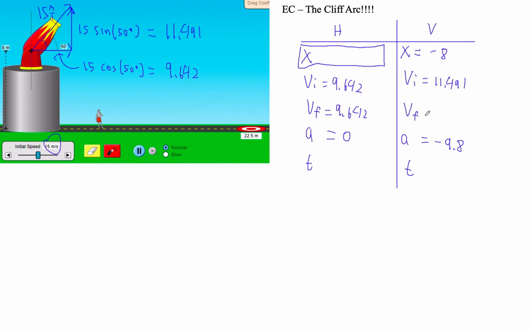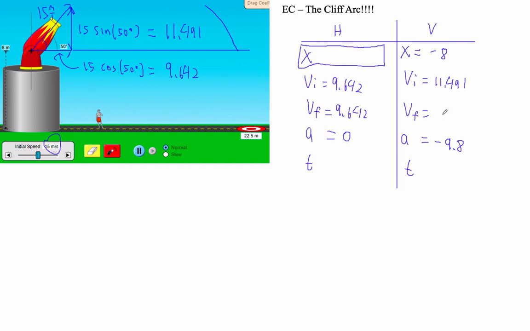Now we cannot say that the final velocity is negative 11.491 because that will be the velocity when this thing goes up and comes back down. And when it crosses this line, we know it'll be going down at 11.491. But when it hits the ground, it'll be going down faster. It'll be a bigger number than this, and it'll be negative. So how do you figure this out?